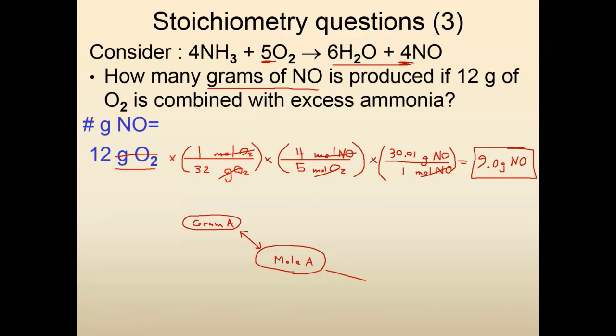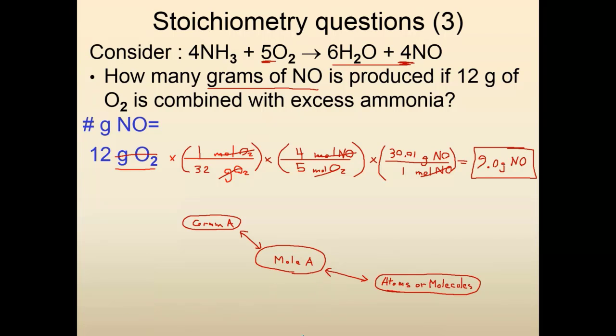I can convert to atoms or molecules. To convert from moles to grams, you need the molar mass. To convert from moles to atoms or molecules, I use what? Does anybody remember? What do you use to convert from moles to atoms or molecules? 6.022.